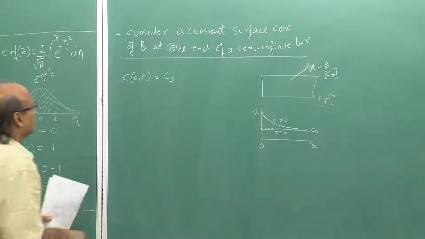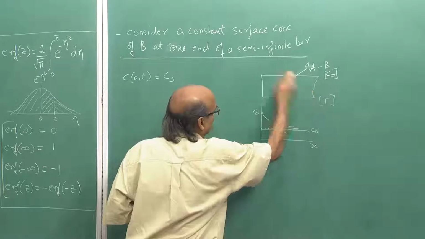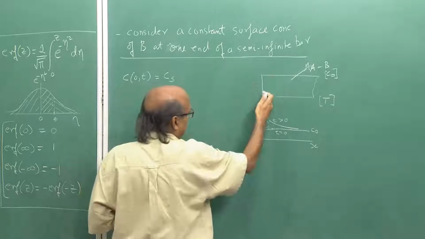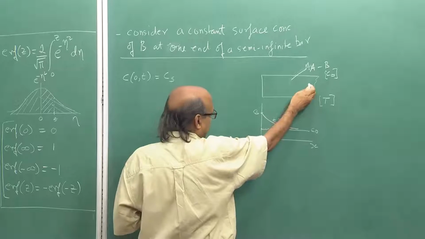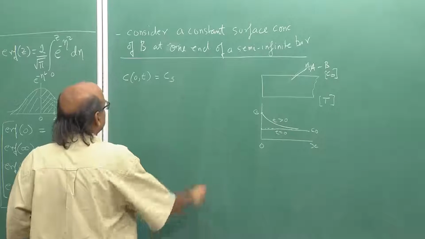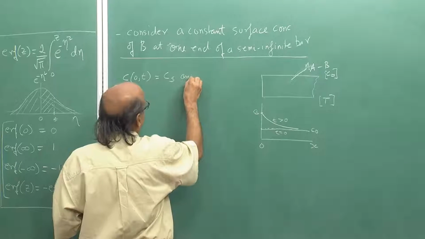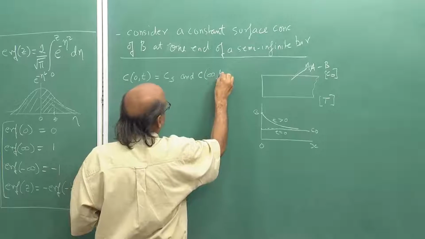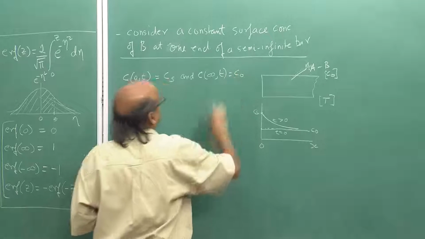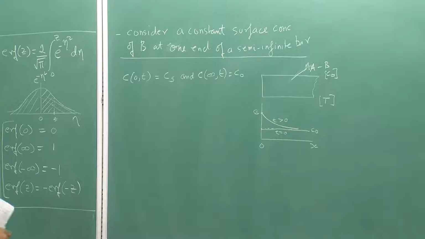So, this is one condition. This is a semi-infinite bar, so far away from the surface, the concentration of B inside this bar is simply C0. So, the second boundary condition is C at plus infinity at any time t is equal to C0.